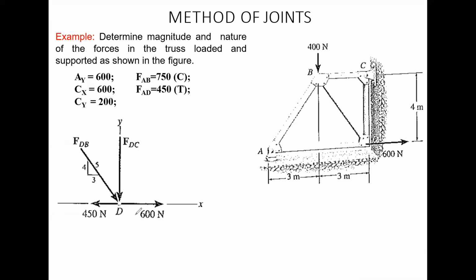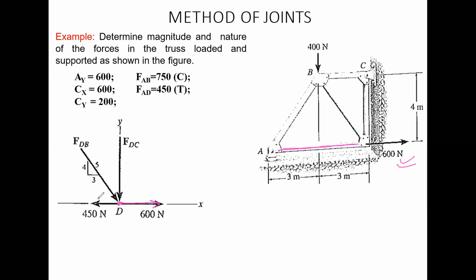Next, let's draw the FBD of point D, and this FBD will look like this figure. So this is the external force 600 Newton acting at the point D, obvious from figure, and here we have force FAD. So in the previous figure we took the direction FAD horizontally rightward. So in this FBD of point D, we must take the direction of FAD horizontally leftward.